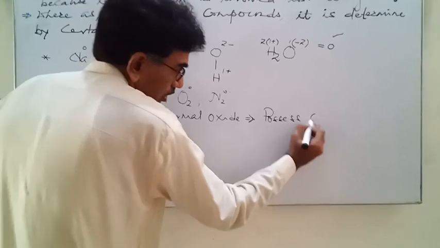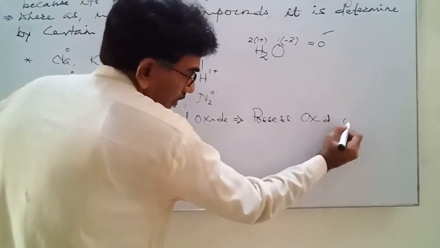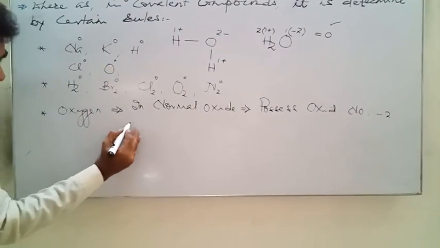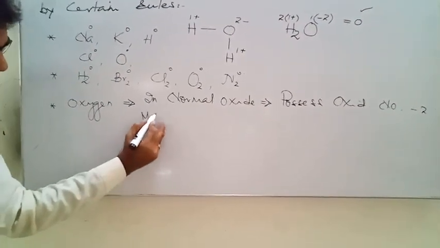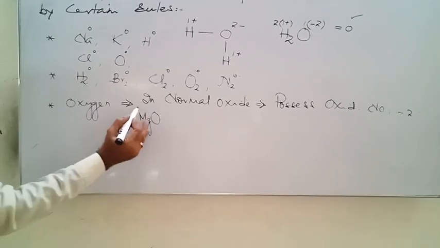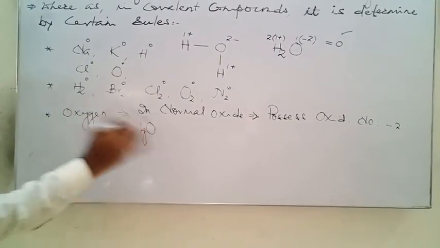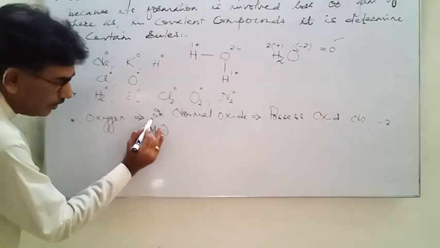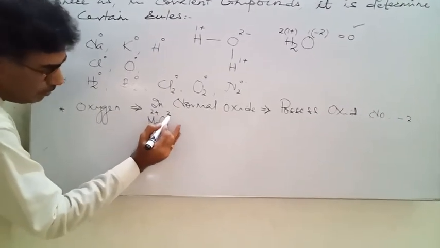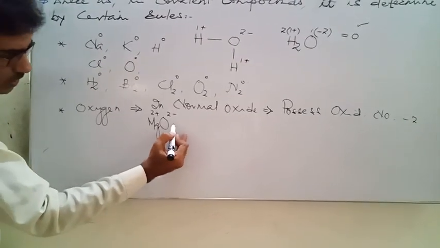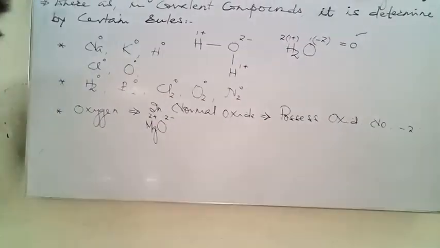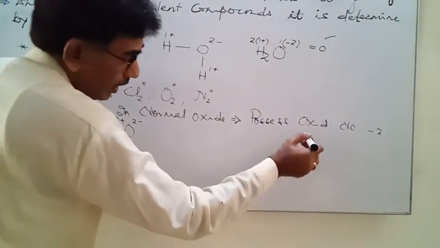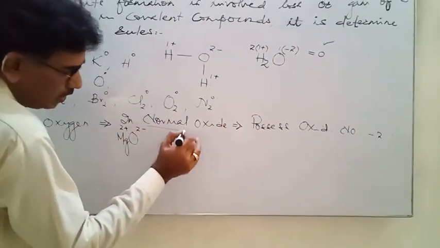Likewise, in magnesium oxide, you can find that magnesium metal belongs to the second group and has a fixed oxidation state of +2, and definitely oxygen becomes -2. So when oxygen possesses an oxidation state of -2, we refer to it as a normal oxide. This is to be referred to as normal oxide.